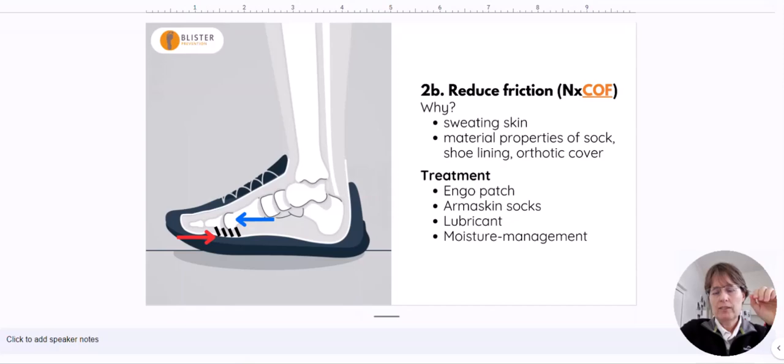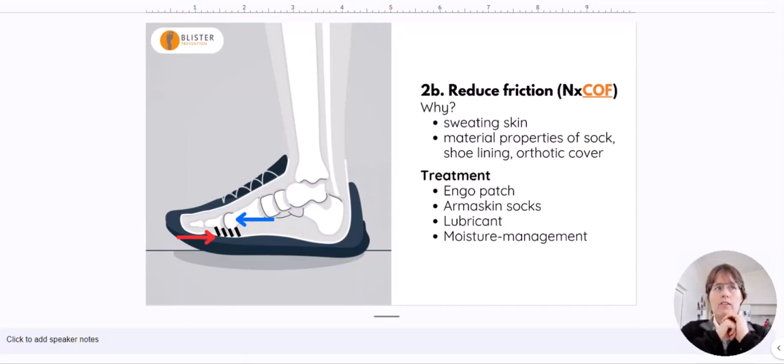We can use Armaskin socks. So Armaskin are a double sock mechanism. You use the Armaskin sock as the inner sock, and you use any athletic sock on the outer. And what happens here is the outside of the Armaskin sock is quite slippery. So it means that any slippage is going to happen between the two sock layers. We can use lubricants.